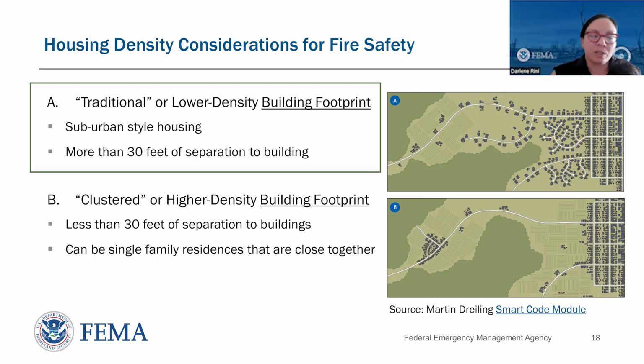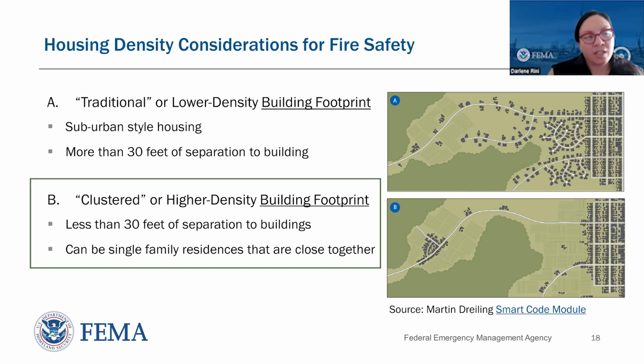One we're going to call traditional or lower density building footprint. What we really mean here is the more traditional suburban style housing, where you have a single home and sufficient yard space around individual homes such that you have more than 30 feet on all sides.